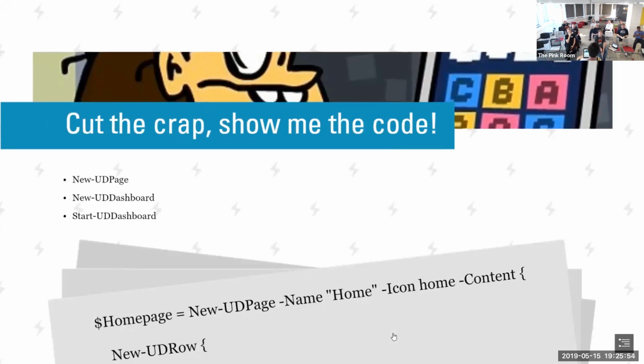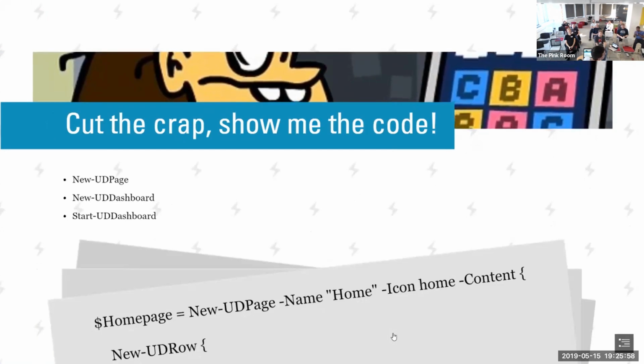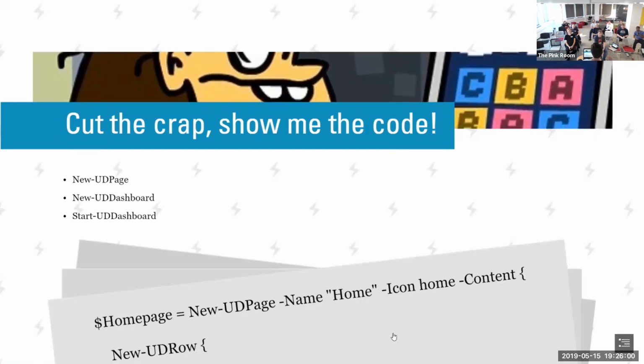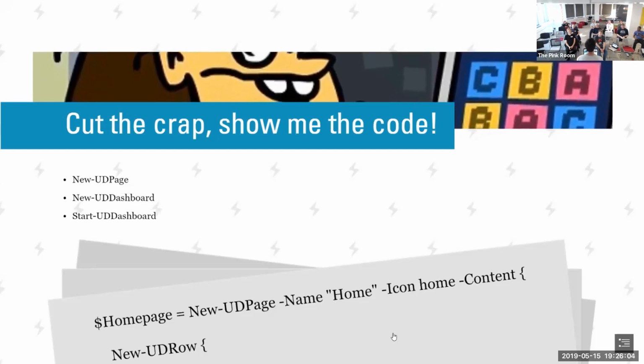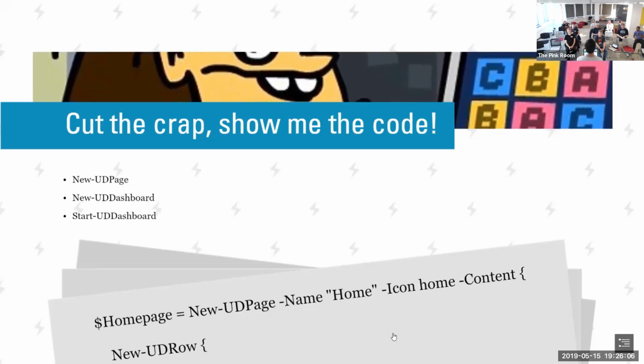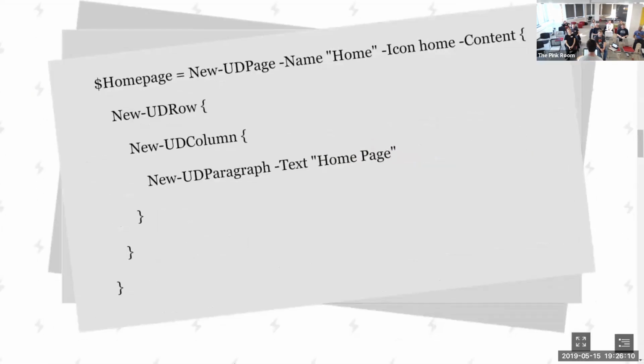I'm going to focus on, just for now, these three cmdlets: New-UDPage, New-UDDashboard, and Start-UDDashboard, because that's the basics. And when you see some of the code that I've got, you'll realize there really isn't a lot of code to this. So another funky Sway feature: this is just a simple variable, homepage, New-UDPage. I've called it Home, and given it an icon.